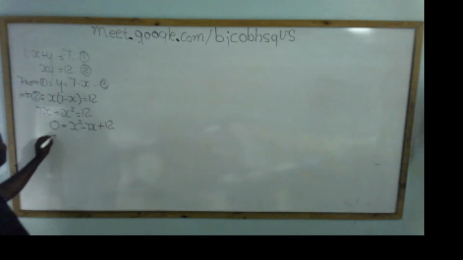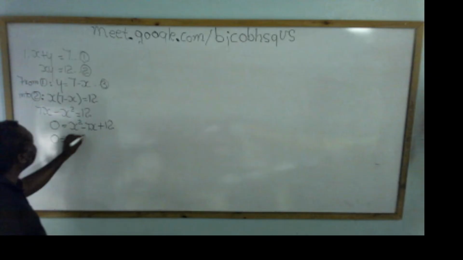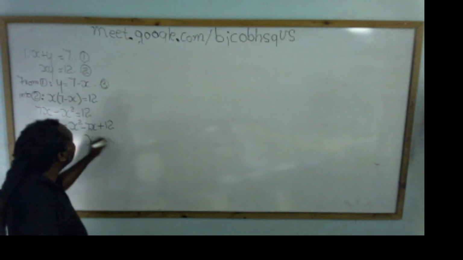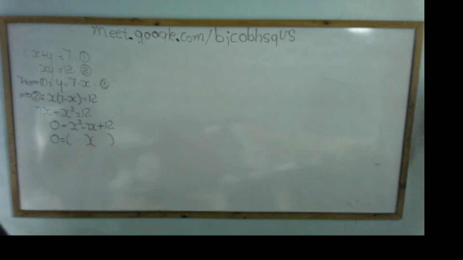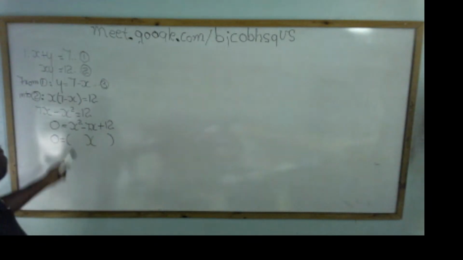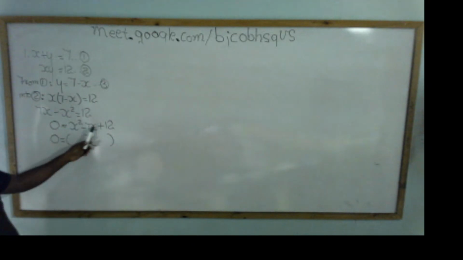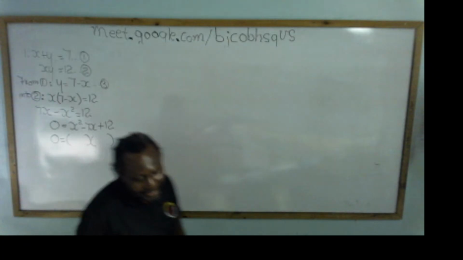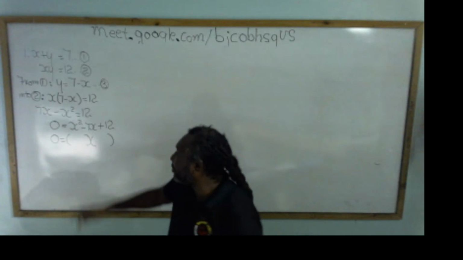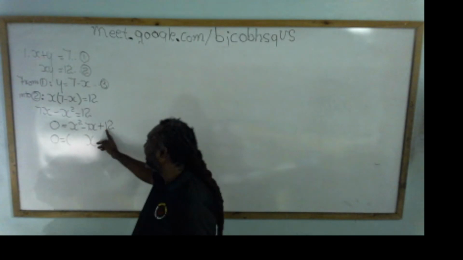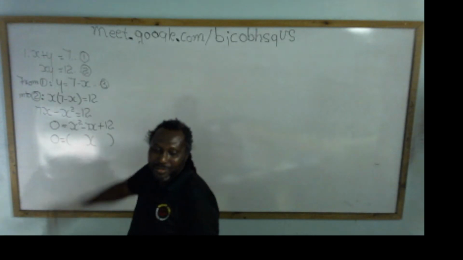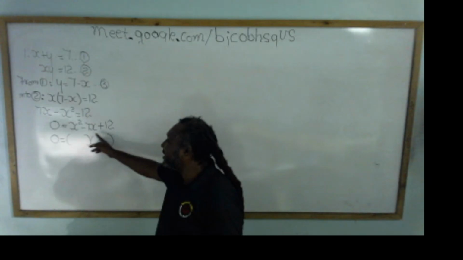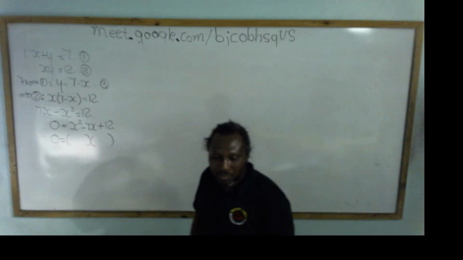So 0 is equal to x squared minus 7x plus 12. What are the factors? The product is 12. The sum is negative 7. What are the two numbers?